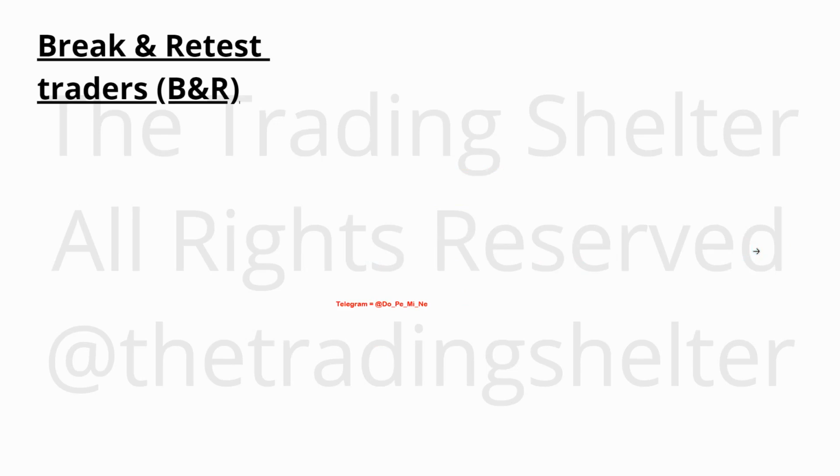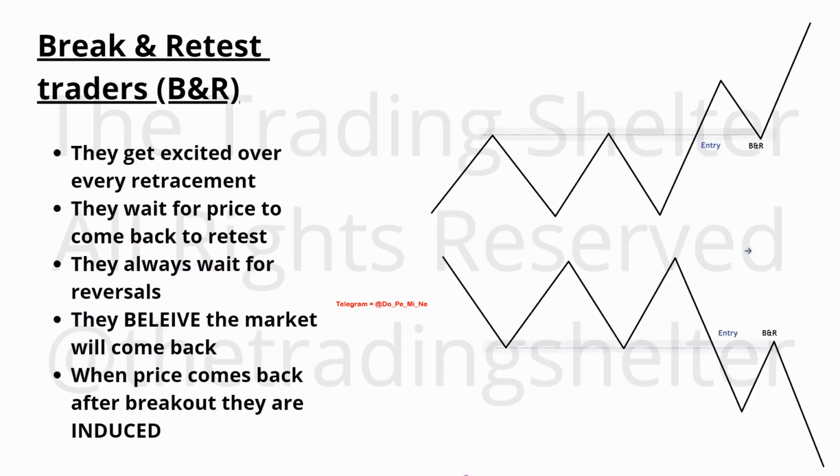So, break and retest. I think a lot of people know this strategy. Basically, they have a range and they wait until price crosses the range and comes back and touches, and then they enter. They get excited over every retracement.